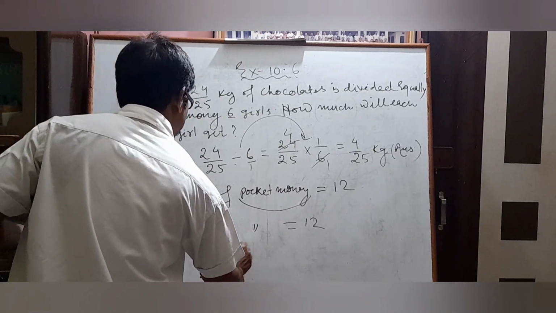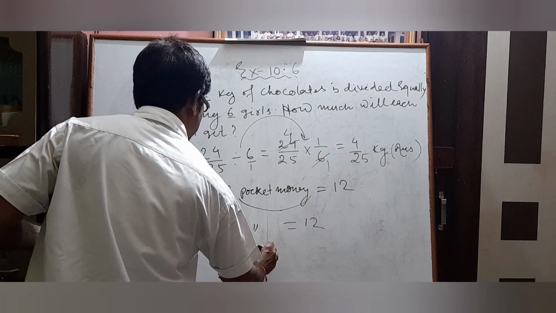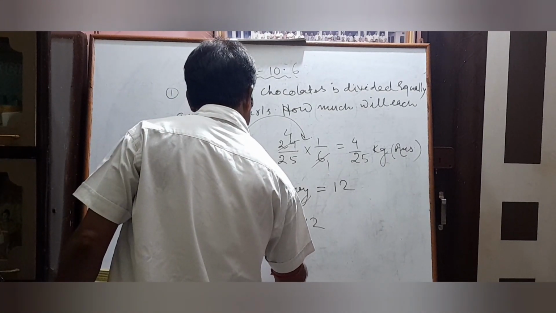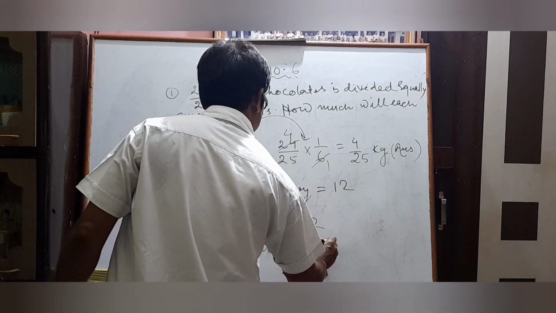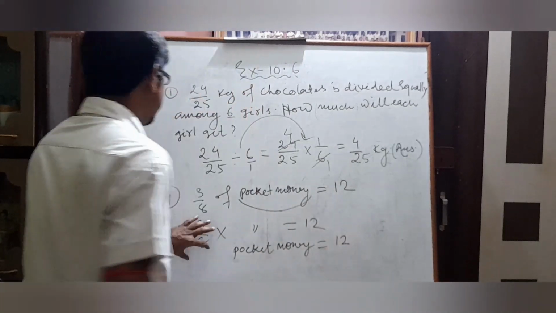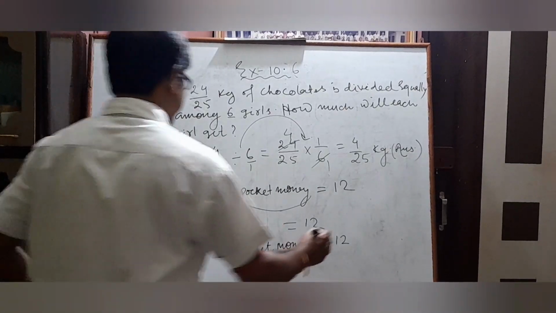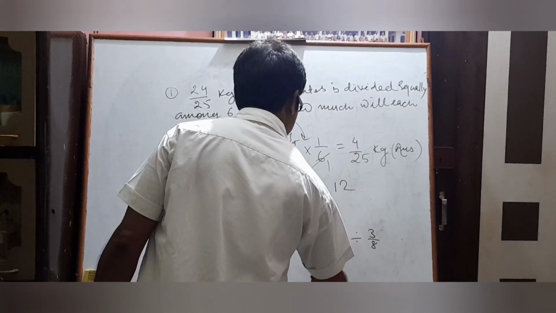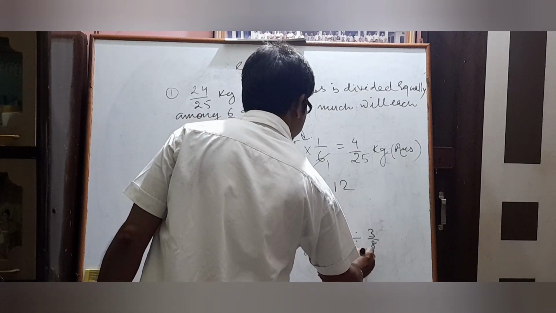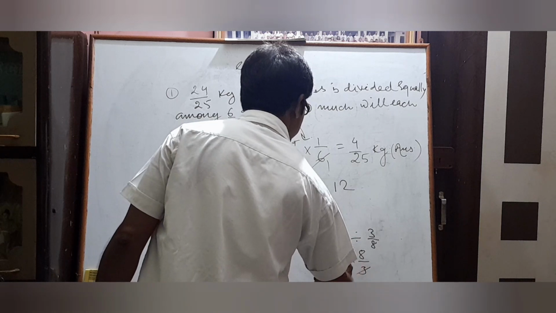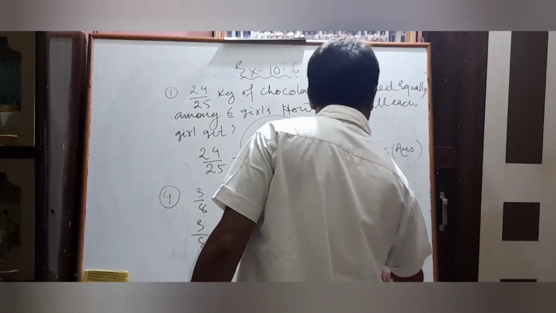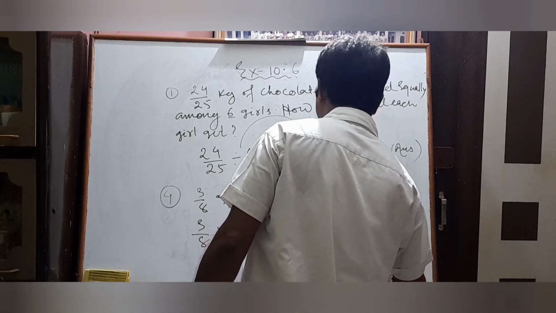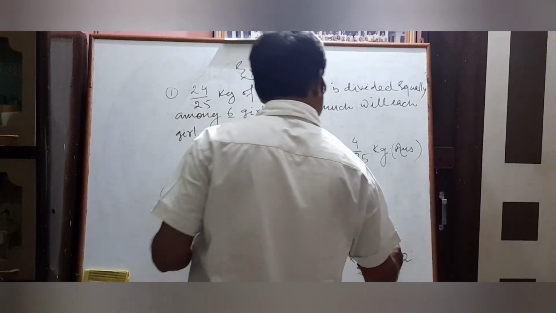So pocket money will be equal to 12 divided by 3 by 8, which means 12 multiplied by 8 by 3. 3 1s are 3, 3 4s are 12. So 4 8s are 32. So the total pocket money will be rupees 32.